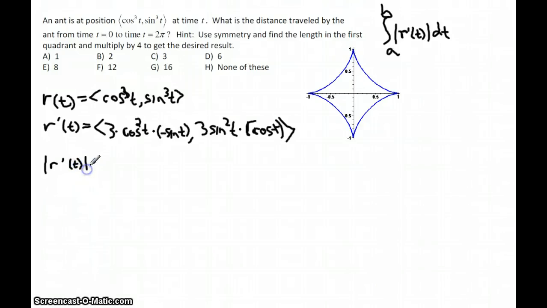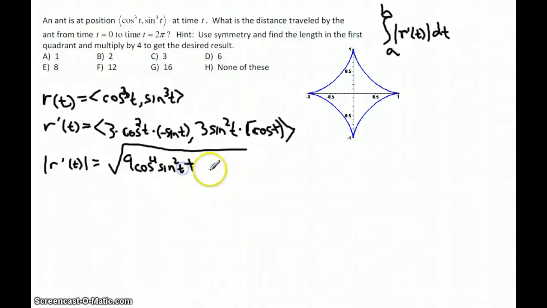We'll have the square root of each component squared and then added together. And so we will get 9 cosine to the 4th sine squared plus 9 sine to the 4th cosine squared.